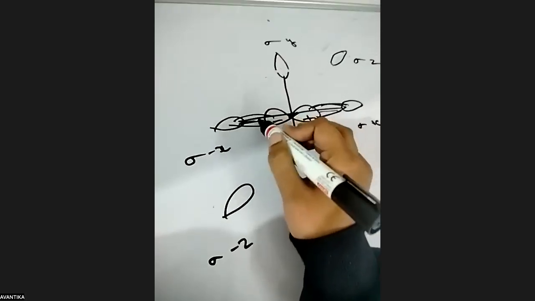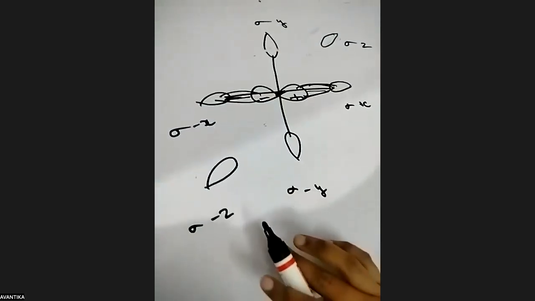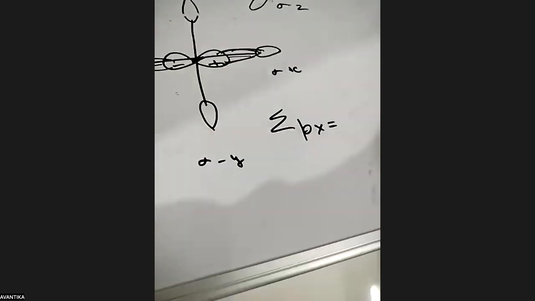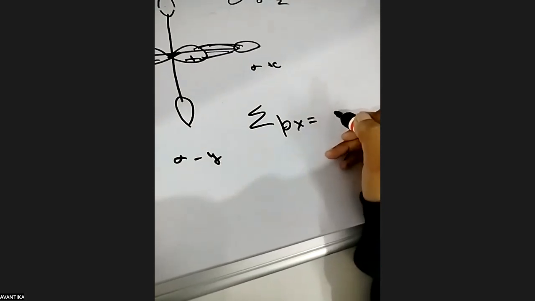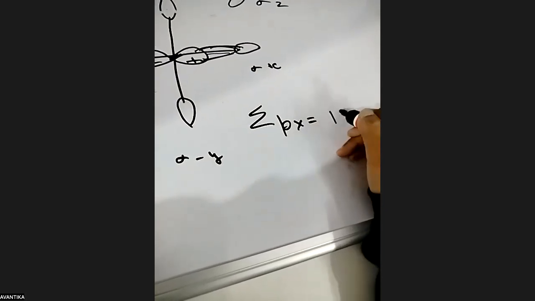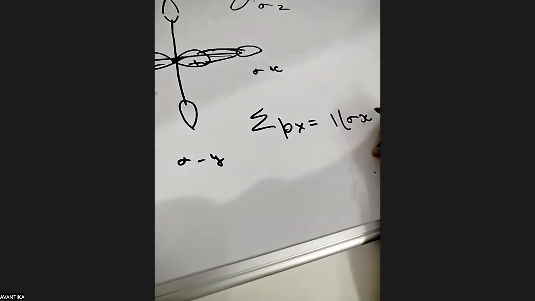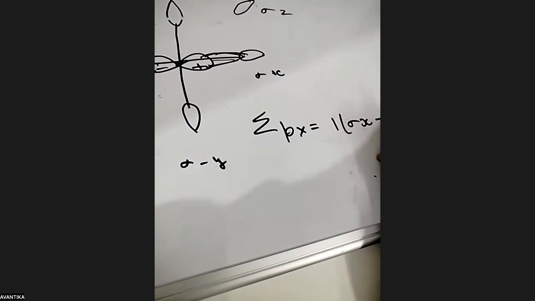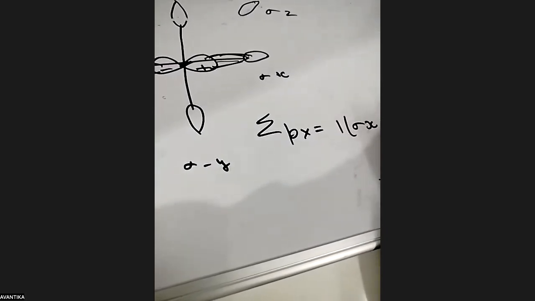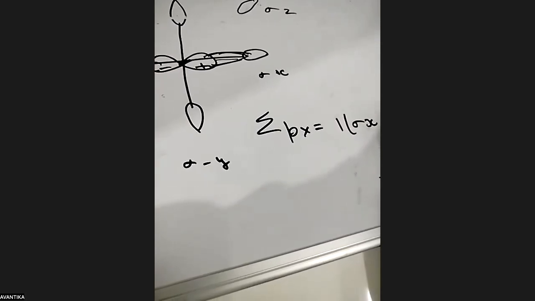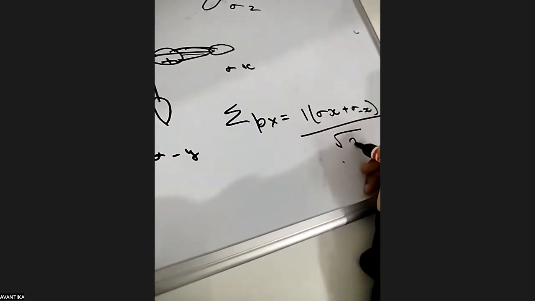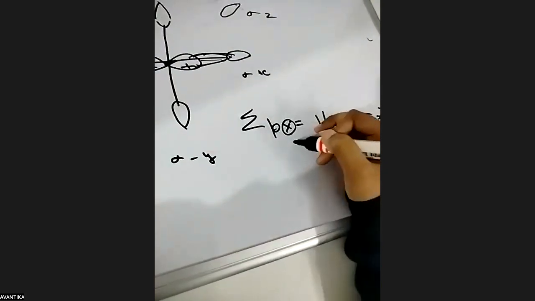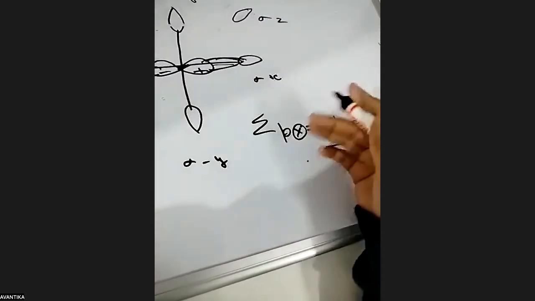So to calculate the wave function in the px direction, we can calculate as sigma x and minus sigma x upon root 2. Similarly, we will find for py and pz.